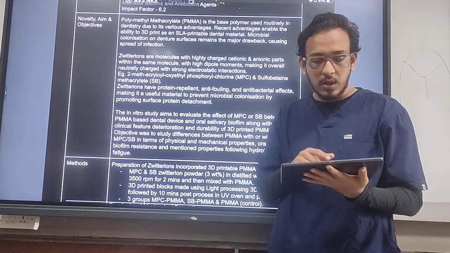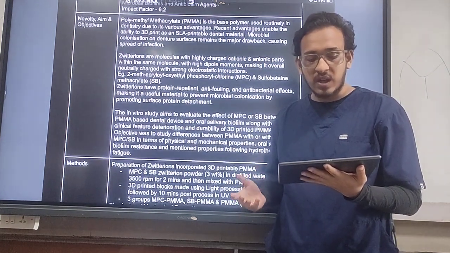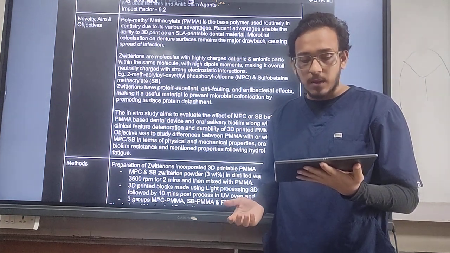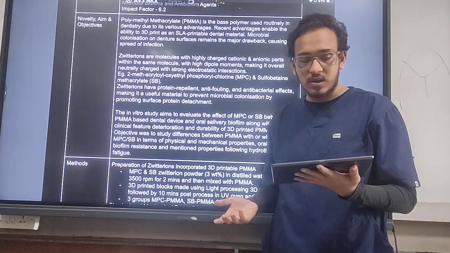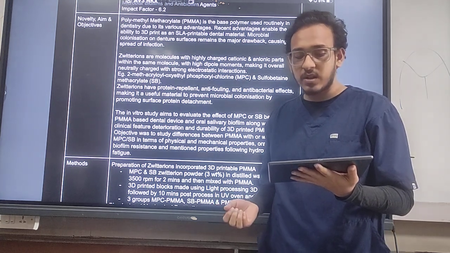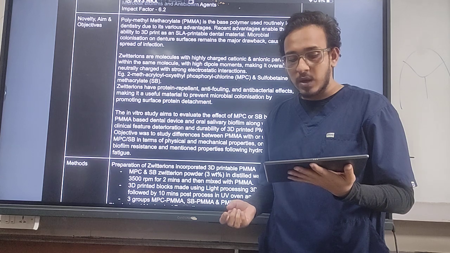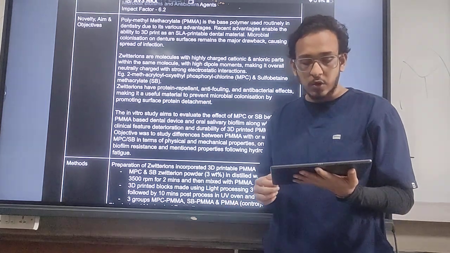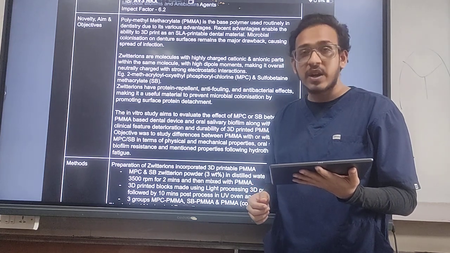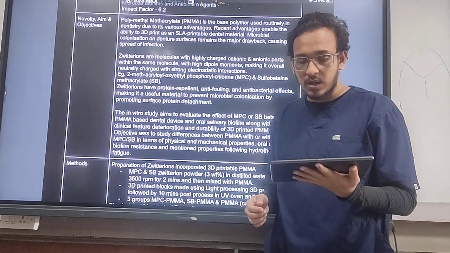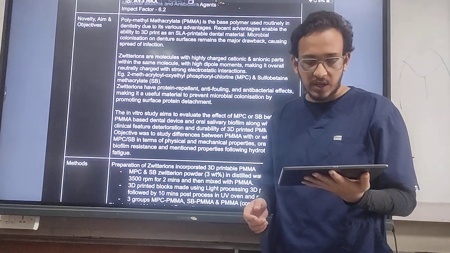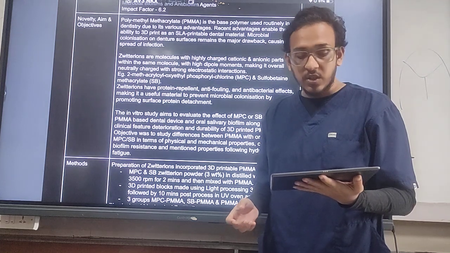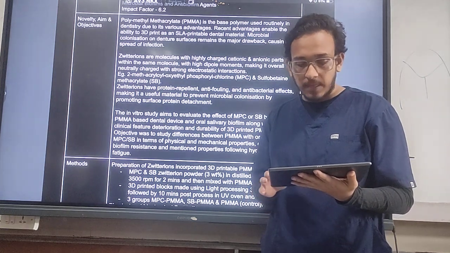For example, 2-methacryloyloxyethyl phosphorylcholine, MPC, and sulfobetaine methacrylate, SB. Zwitterions have protein repellent, anti-fouling and antibacterial effects, making them useful materials to prevent microbial colonization by promoting surface protein detachment.